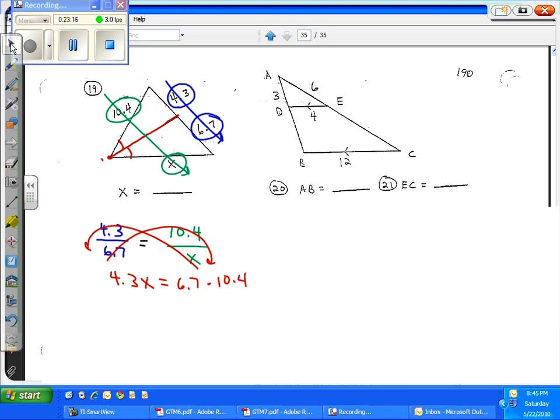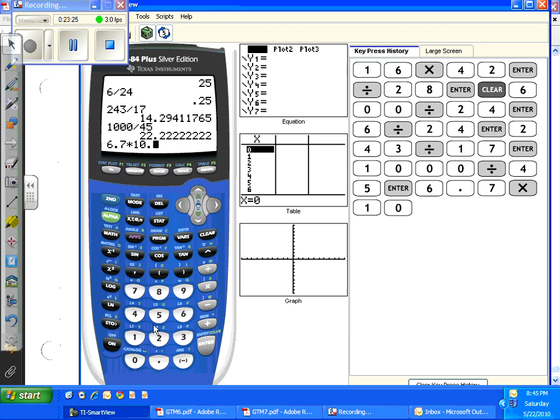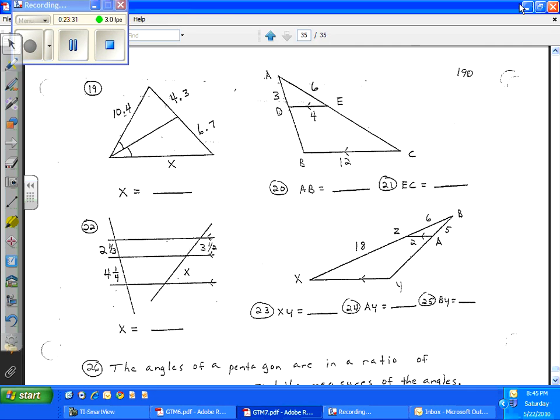We're going to do that in the calculator. 6.7 times 10.4. And we get 69.68.